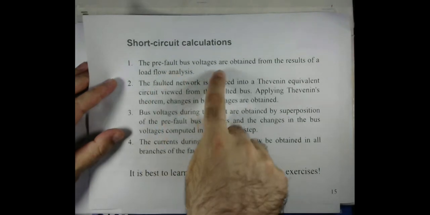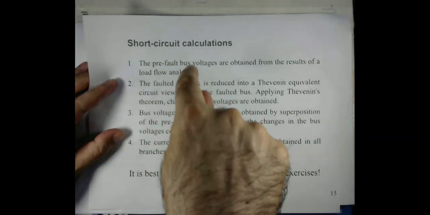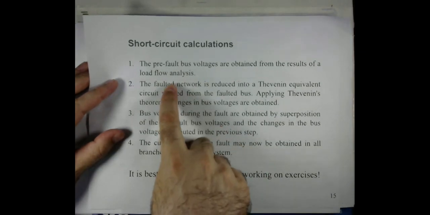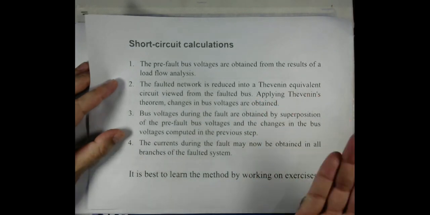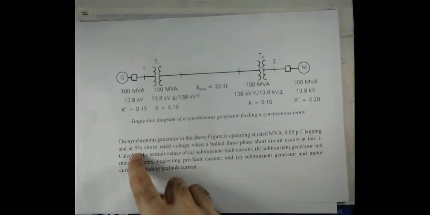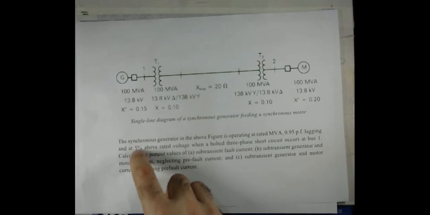So we assume that even at the fault the generators are still running at the rated values. That's why in most cases it is taken as 1 per unit, but because in this particular case it was mentioned that it is running at 5% above the rated value, we also consider this increase in the voltage.